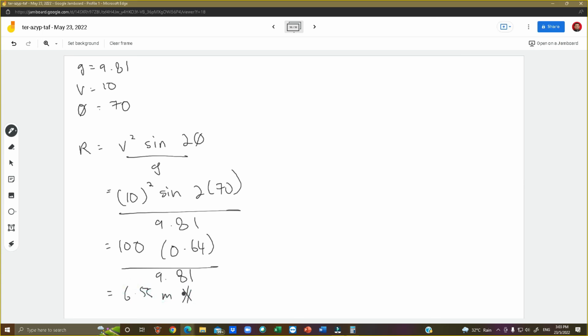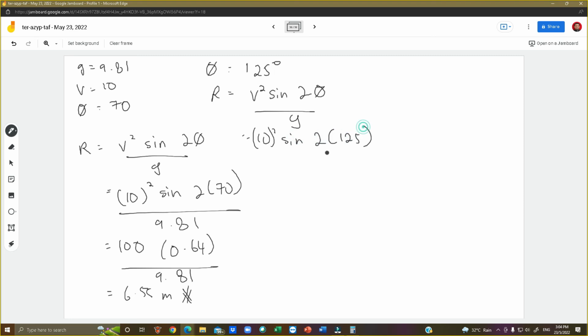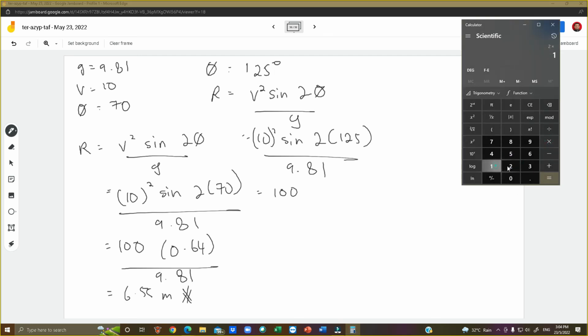Okay, now let's change theta dia kepada nombor lain. Kita change theta lagi besar. Kita change theta 125 degree. Okay, R equals V square sin 2 theta over G equals 10 square, sin 2 times 125 over 9.81 equals 100. Okay, 2 kali 125, sin negatif 0.9.